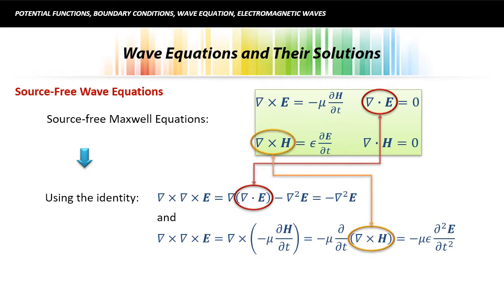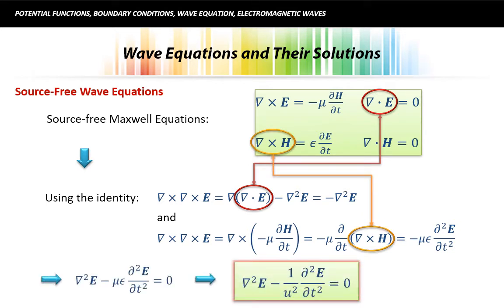Consider the source-free wave equations. The source-free Maxwell equations are given in this bracket. We have four equations where curl of E, curl of H, divergence of E and H are defined.